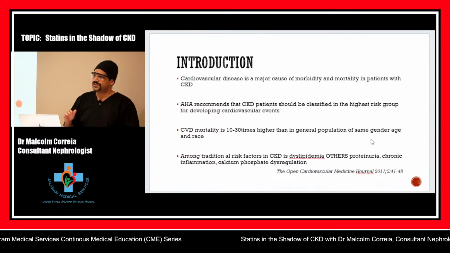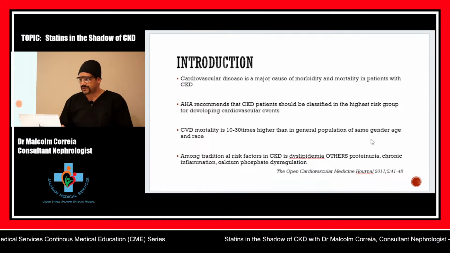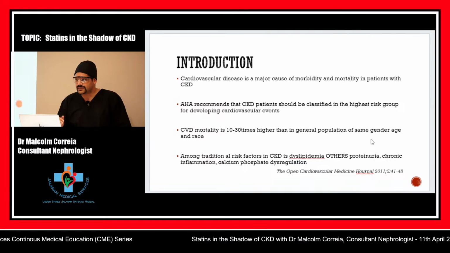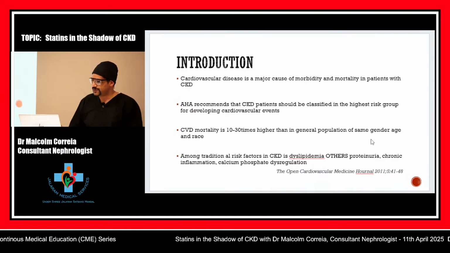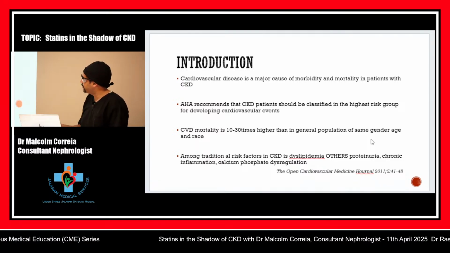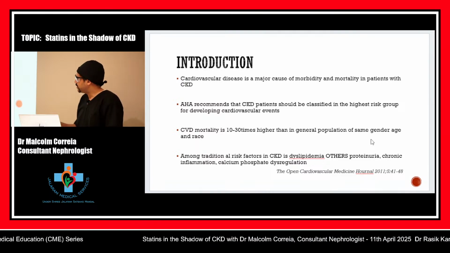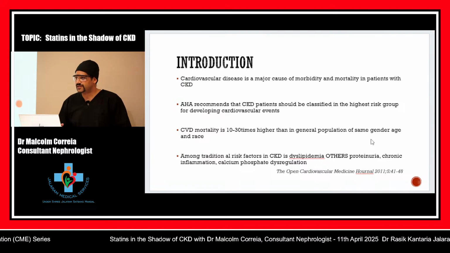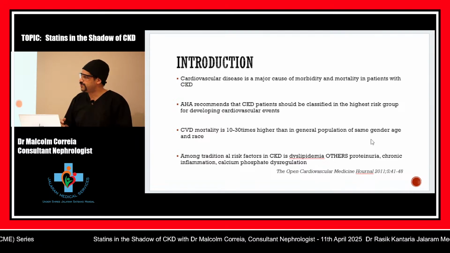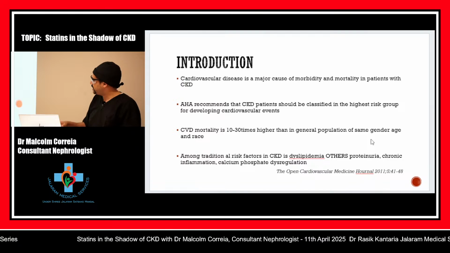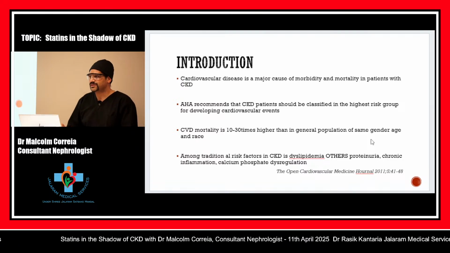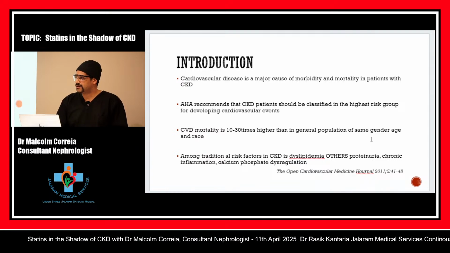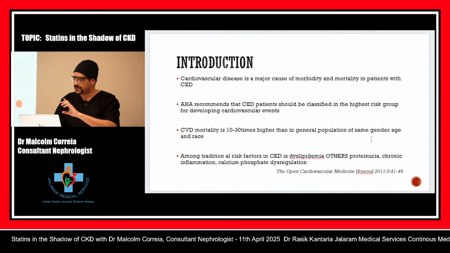That's why the AHA has put CKD patients in the highest risk category, and therefore they really need statin therapy, because dyslipidemia on its own is not the only risk factor they have in CKD. There are issues to do with proteinuria, chronic inflammation, and calcium and phosphate dysregulation and vascular calcification.